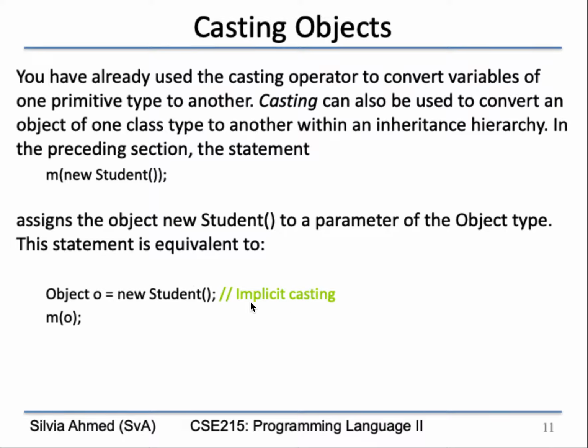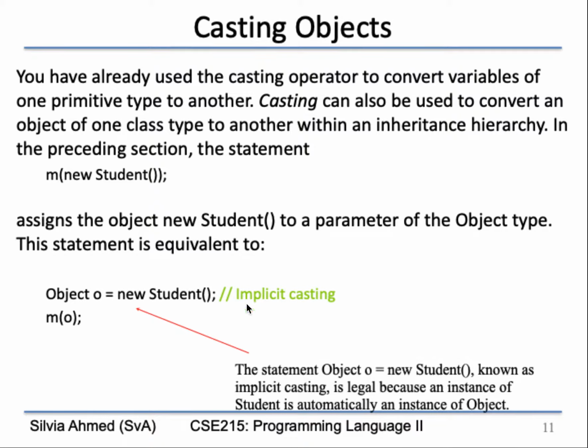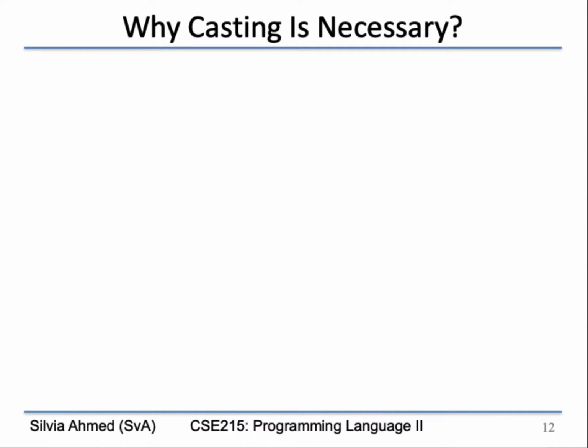That's why this is implicit casting. And this is legal because an instance of Student is automatically an instance of Object.